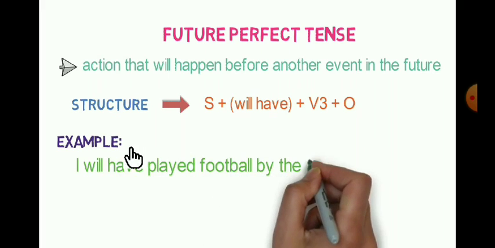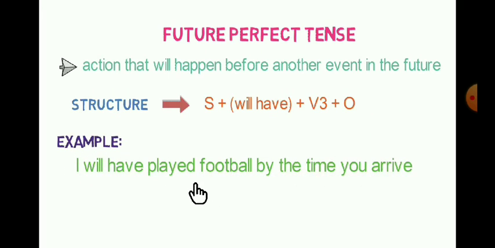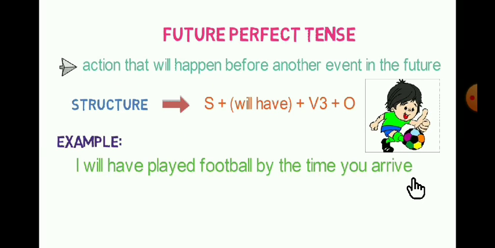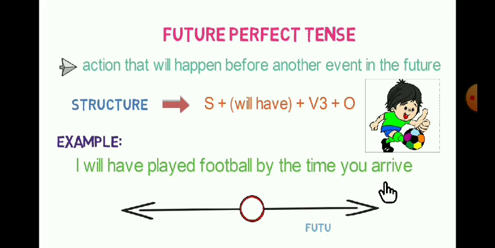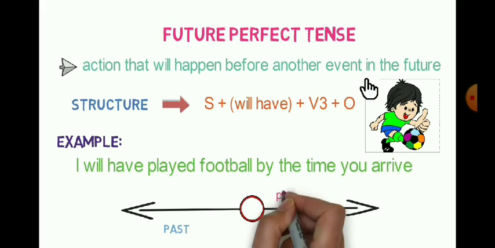And the example: I will have played football by the time you arrive. So you have decided to arrive at the ground, but I will have already played football. We have the subject, will have, play in the form of v3, and the object, football, by the time you arrive. And here, by the time you arrive shows another event in the future.